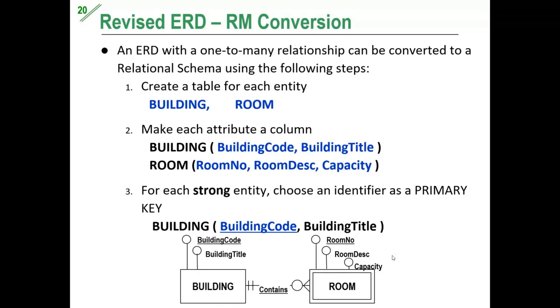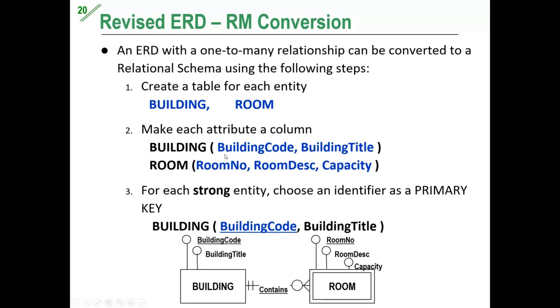Right, so I have here now a revised ERD to relational model conversion. Now remember the steps I have given earlier. Now I need to modify them a little bit, because now we have the weak entities. So the first step that we need to do is create the tables, or create these boxes, for each entity, and then define the attributes.